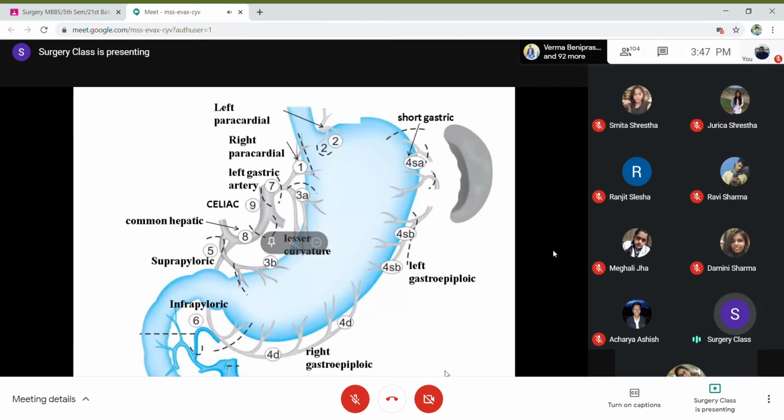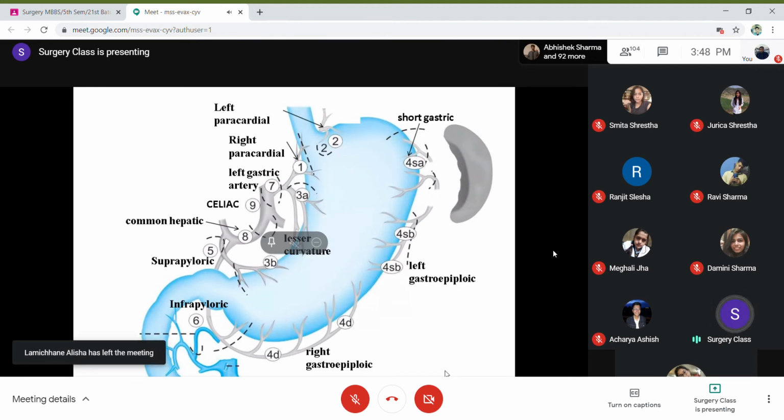So just remember 1, 2, 3 along the lesser curvature, 4 along the greater curvature, 5 suprapyloric, 6 infrapyloric, 7 left gastric, 8 common hepatic, 9 celiac, up to here. Then 10 will be the proximal splenic, 11 the distal splenic, and 12 the periportal. So remember these ones.